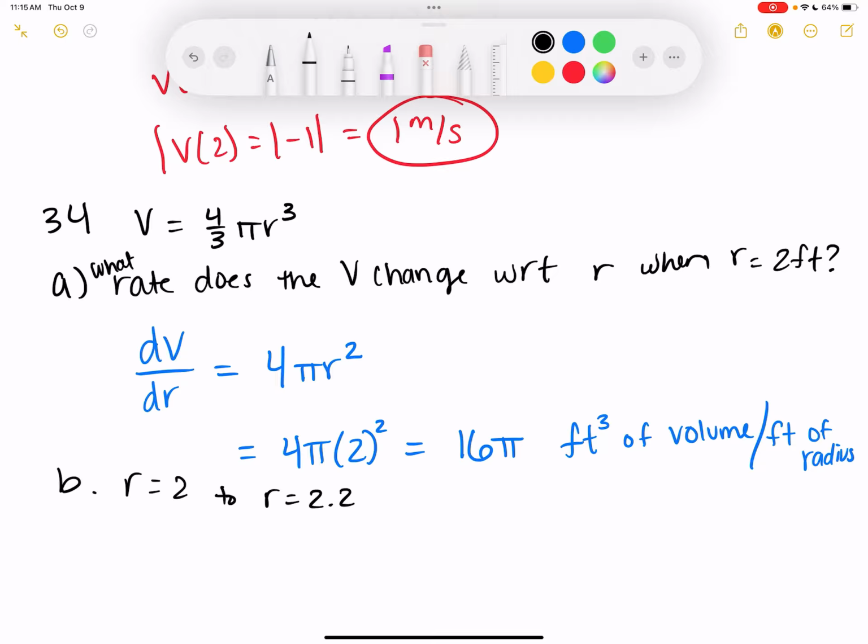So we would have 4 pi times 2.2 squared. Help if I turn my calculator on first. And obviously we're going to need to multiply through by pi to get a number, which we're going to have to go back and multiply this other one as well.